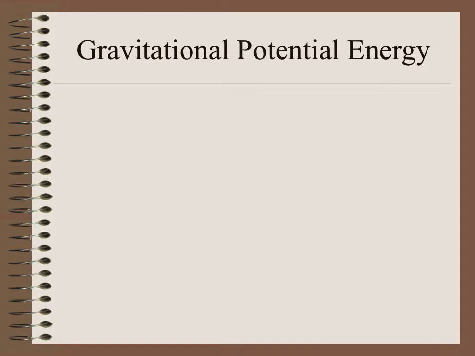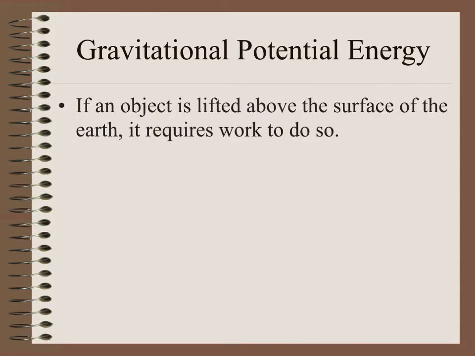We're going to go through an explanation before you get a definition for gravitational potential energy. If you remember in the video that you watched, Bill Nye lifted a bucket of water, and he said that required work. So if an object is lifted above the surface of the earth, it requires work. So as the water was sitting in the tank above his head, he then opened a valve, and when he opened the valve, the water was able to flow through and do work.